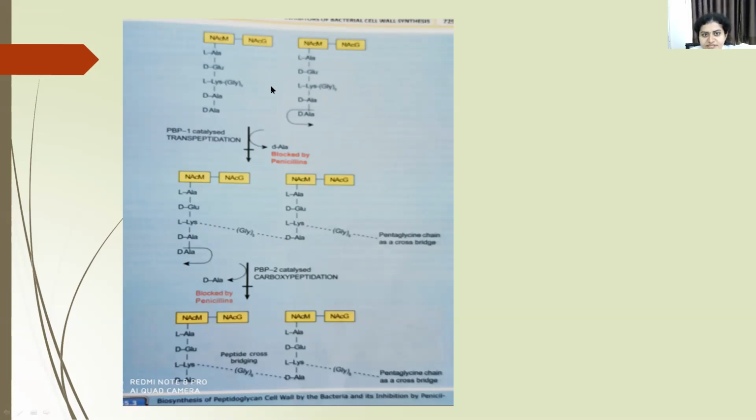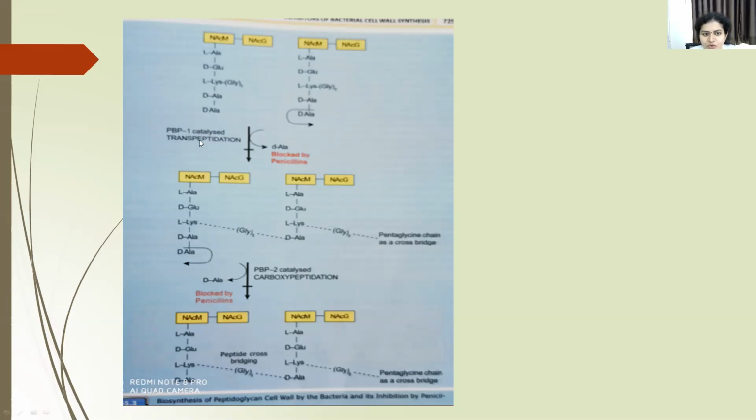Okay, understood? These are the two pentapeptide chains, and these pentapeptide chains are composed of two amino sugars, N-acetyl muramic acid and N-acetyl glucosamine. And then these two peptide chains will be linked to each other by the pentaglycine chain.